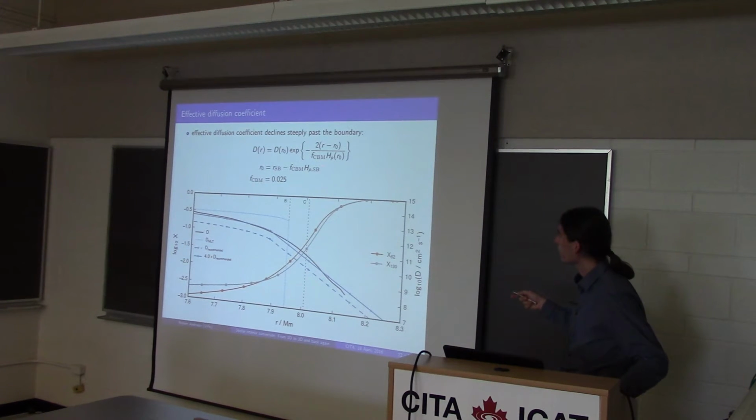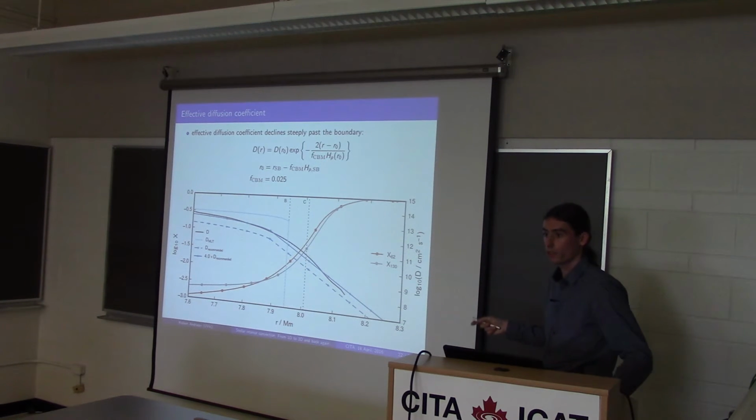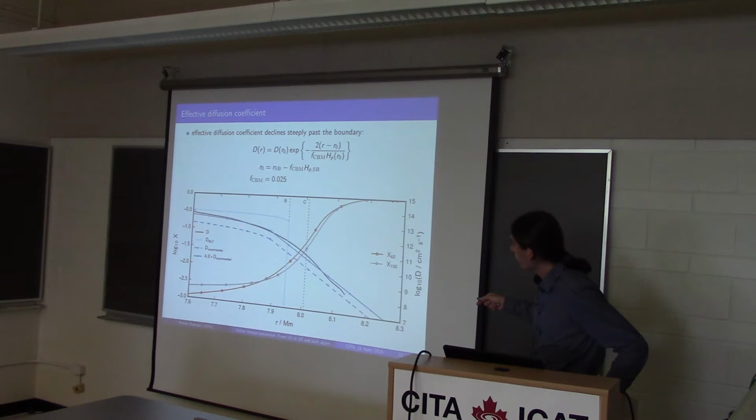Usually this is taken in a star evolution code: some diffusion coefficient applied close to the boundary, and it decreases exponentially with the distance with some parameter f_CBM. We can fit this curve, and then you get this dashed line.